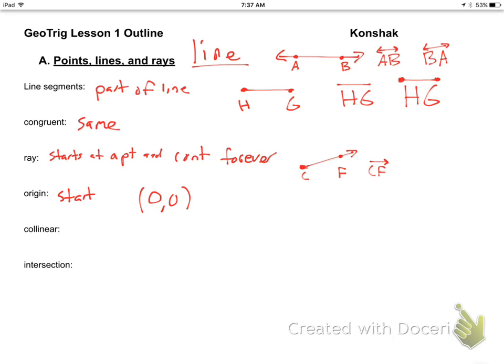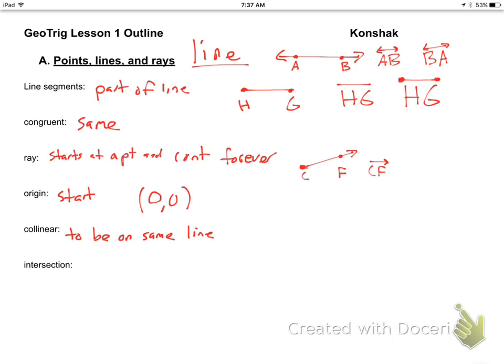So to be collinear, 2 lines, not necessarily next to each other, but to be linear means to be a line. So there'll be 2 things on the same line. So collinear means to be on the same line.